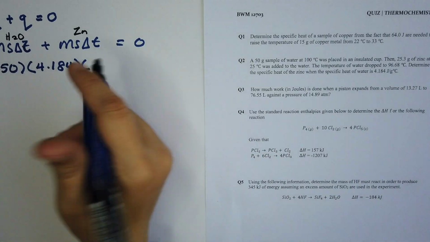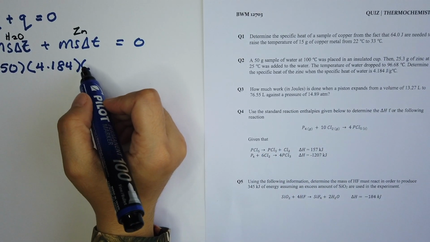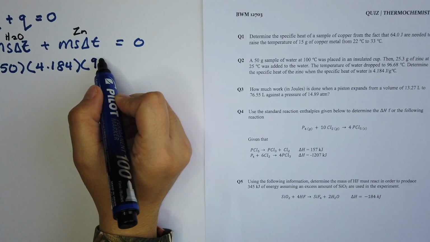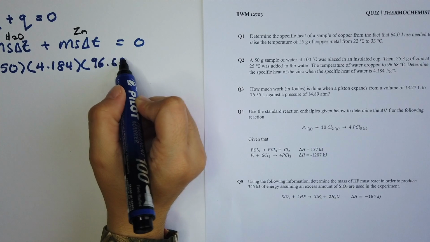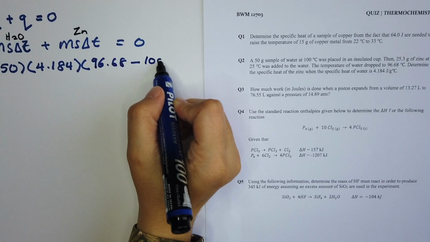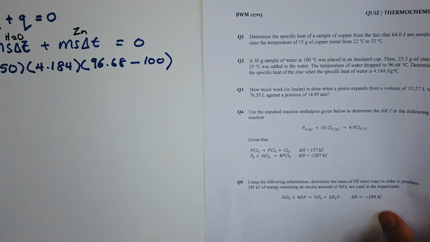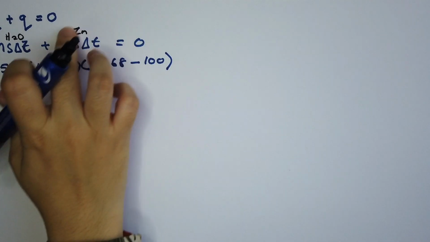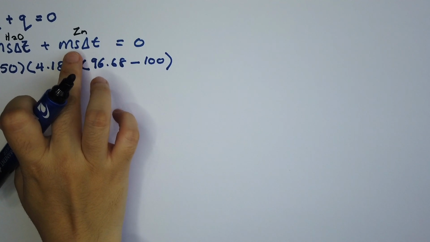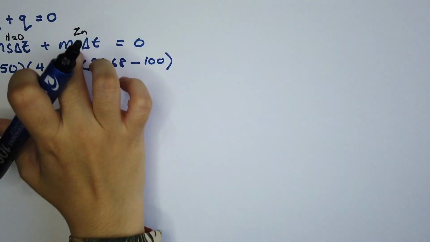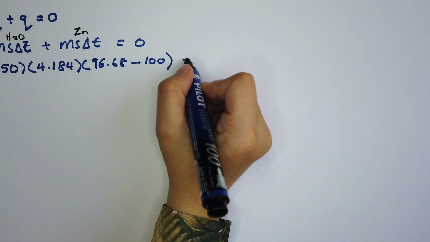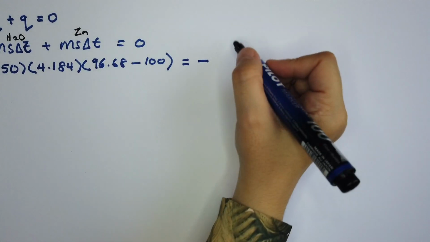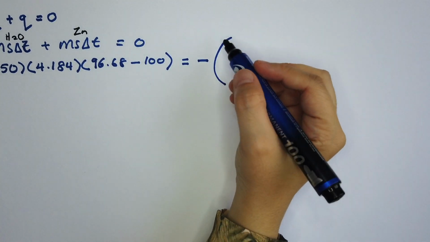The change of temperature is always final temperature minus initial temperature, so it would be 96.68 minus 100. This one is for H2O. Since I'm going to calculate the value of S for the zinc, I'm going to move this over there, so it's going to be minus here, the whole thing.